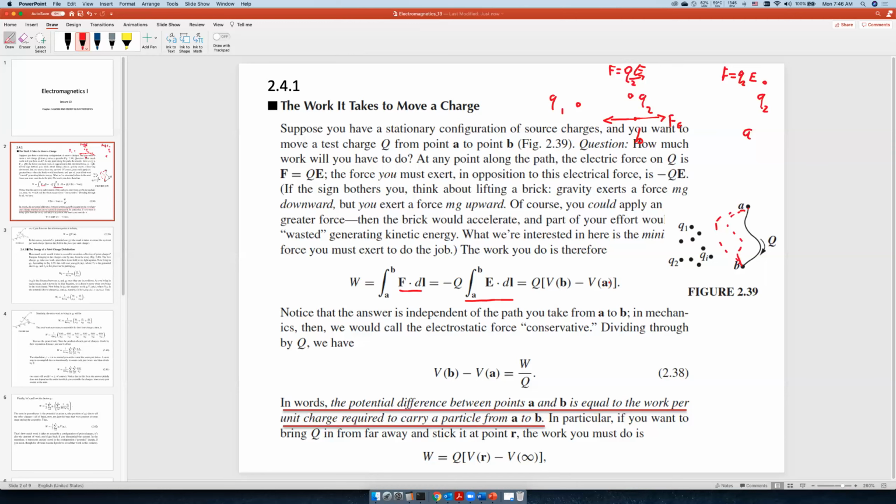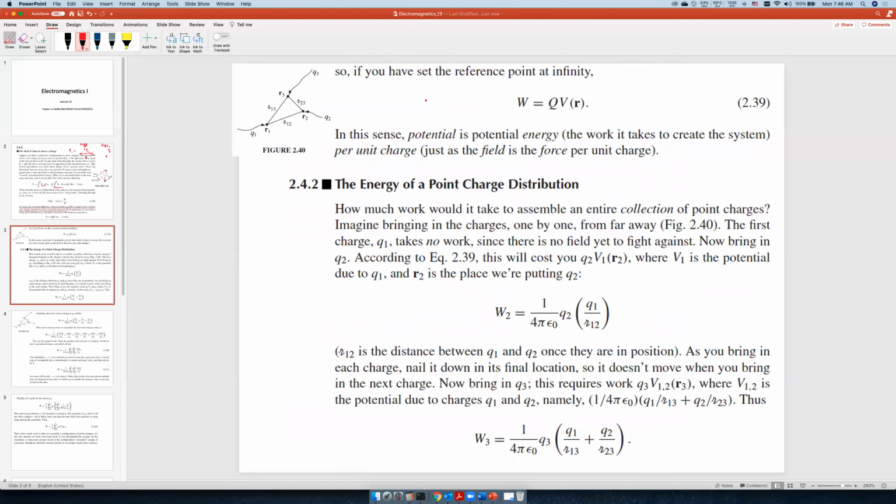Actually, usually we define V infinity to be 0 because we define the potential at infinity to be the reference. So your work equals Q V(R).